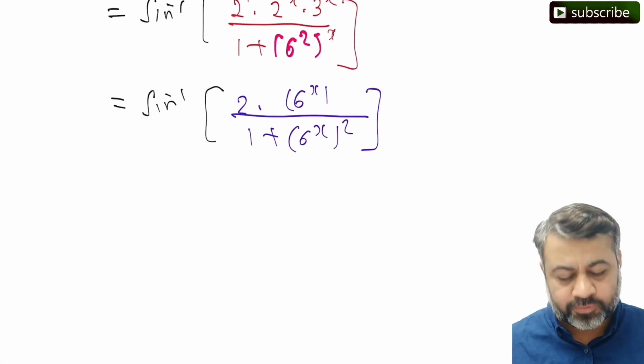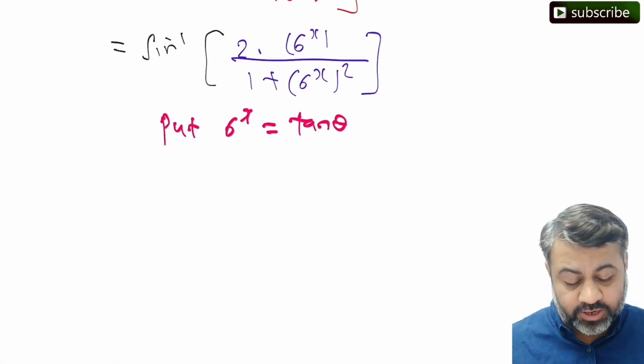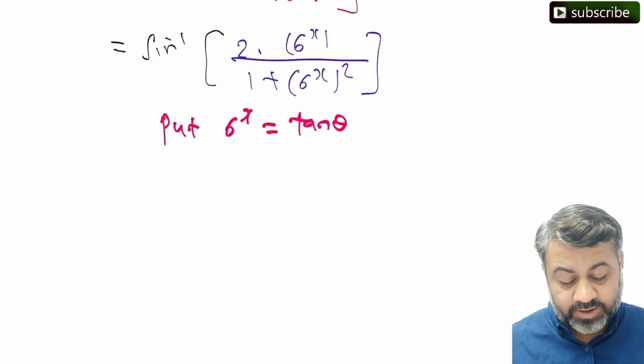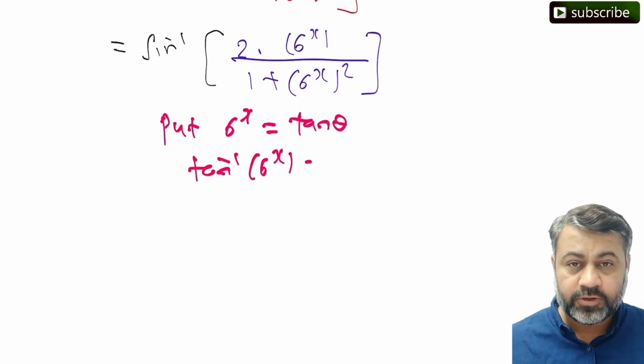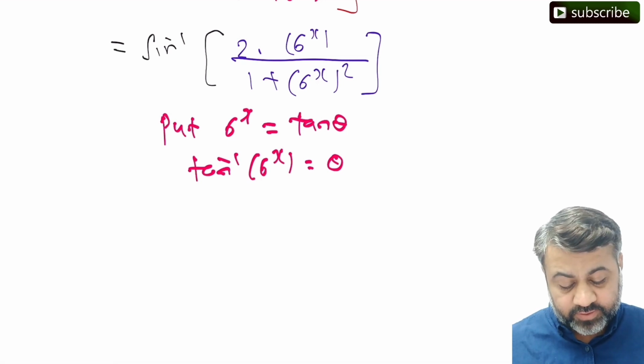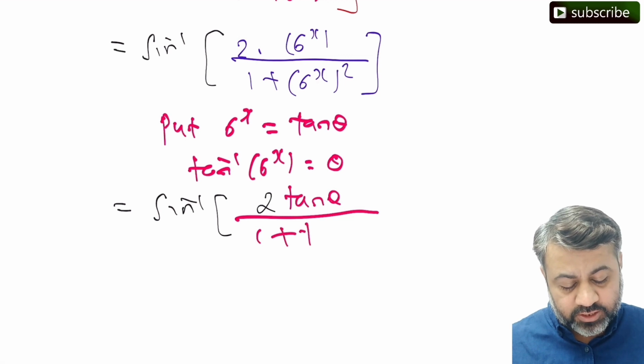Now we just use substitution, that is, I'll be writing, put 6 power x equal to tan theta. If 6 power x is tan theta, tan inverse of 6 power x is going to be theta. So what exactly we get? We get sine inverse of 2 times tan theta upon 1 plus tan square theta.